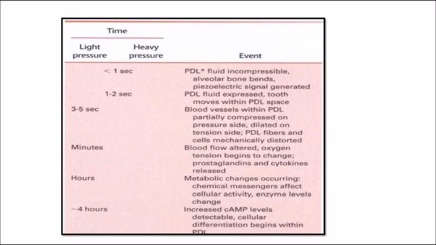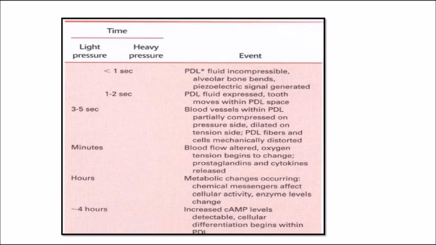So please note, within 3 to 5 seconds, first your blood vessels get distorted. Then within a few minutes the blood flow is affected, oxygen tension changes, and prostaglandins and cytokines are released, and within hours the release of these chemical messengers will affect the cellular activity. Then after more than 4 hours, there will be increased cyclic AMP levels, as the chemical messengers and cellular activity get altered.